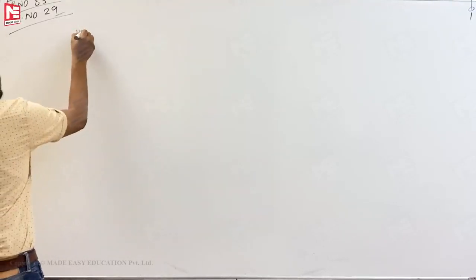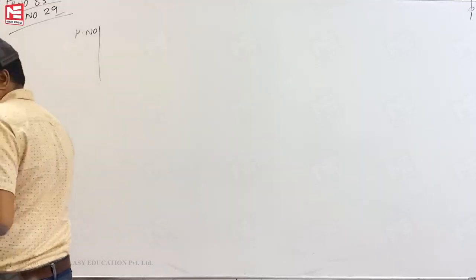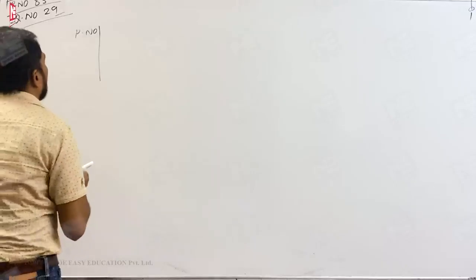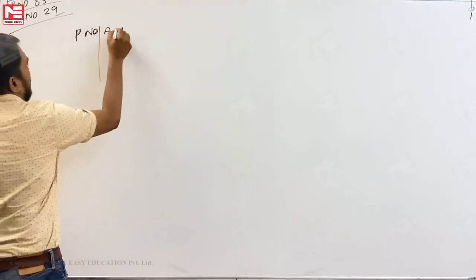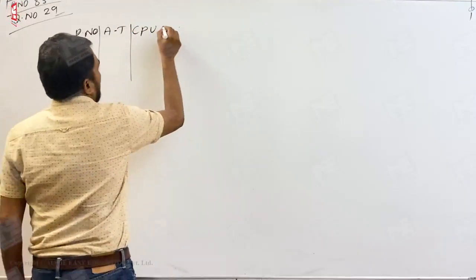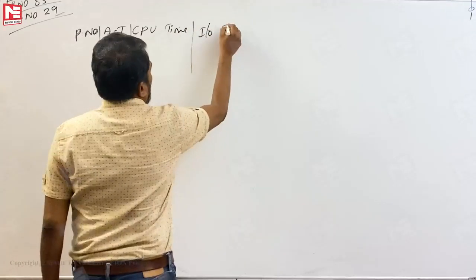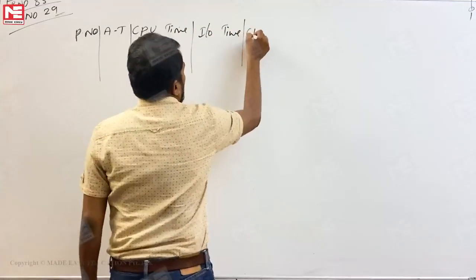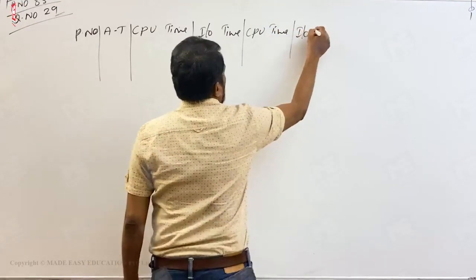Now, let's make the table first: process number, arrival time, CPU time, IO time, CPU time, IO time.